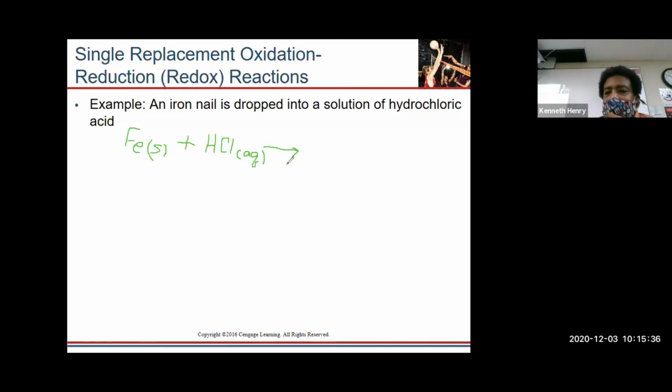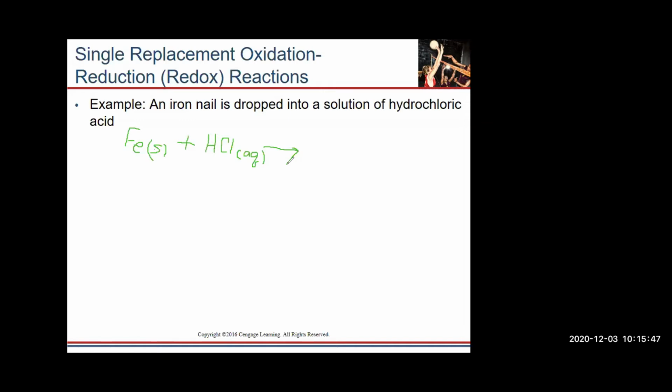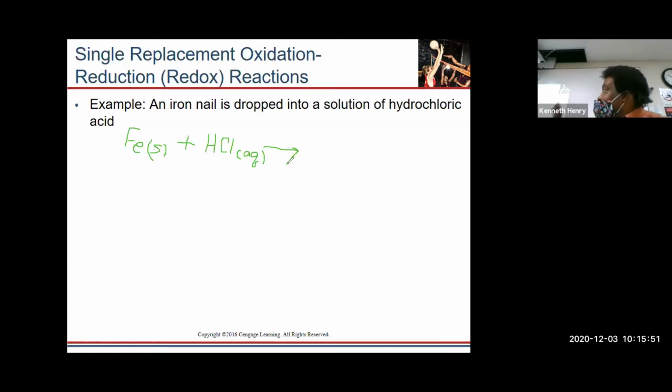And what are we going to make? What type of reaction is this? It's a single replacement reaction, right? It says it right on top. Yes. Okay, so what are we going to get? Who's going to be replacing who? Who's the old girlfriend?